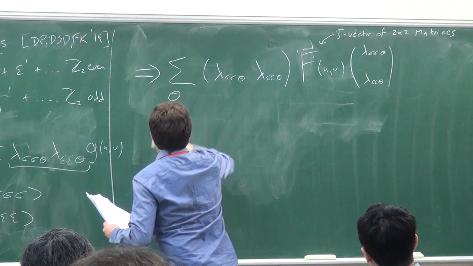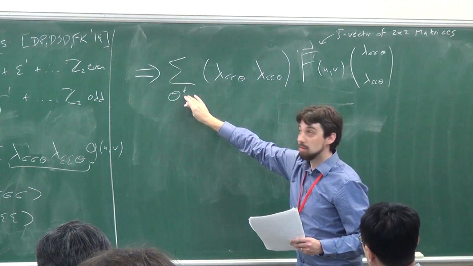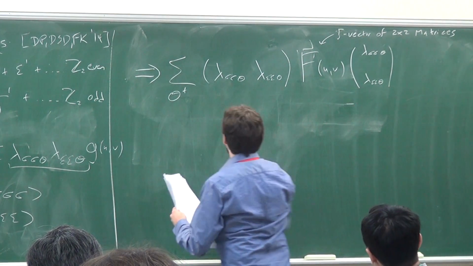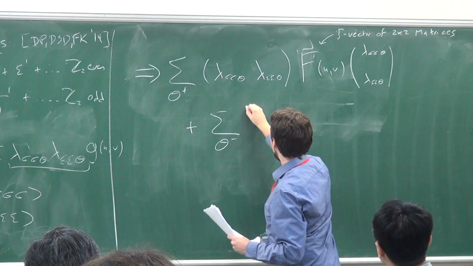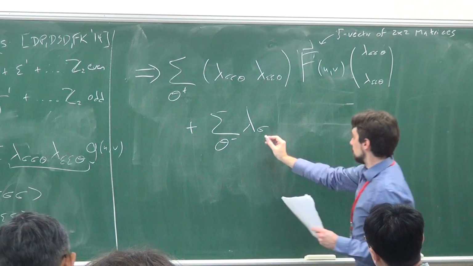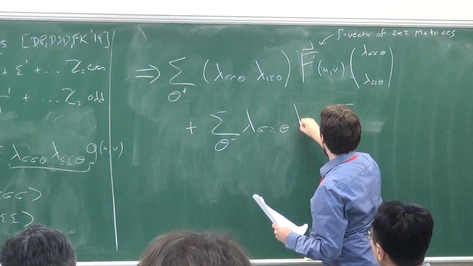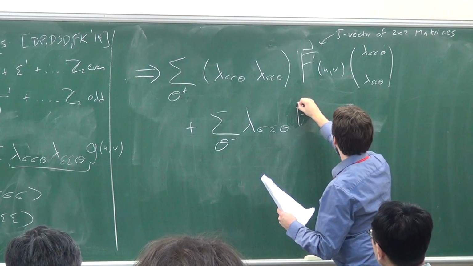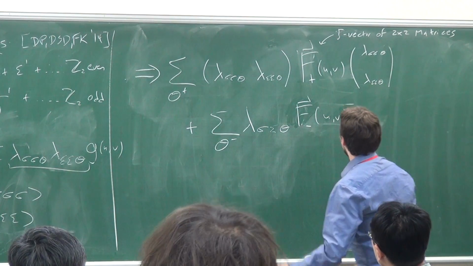Okay, so this part runs over the Z2 even operators that can appear in sigma, sigma, epsilon, epsilon. Then there's another piece which runs over the Z2 odd operators and picks up coefficients like sigma, epsilon, O. And then there's another function F. Let's call this F plus and F minus, which appears here.